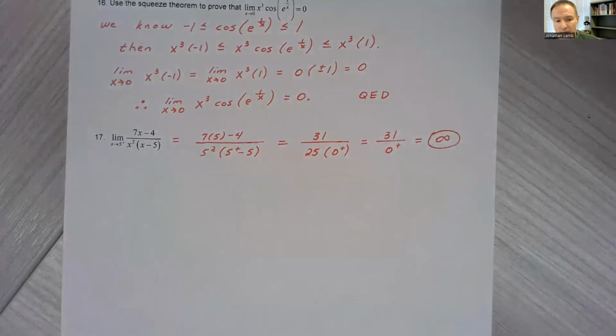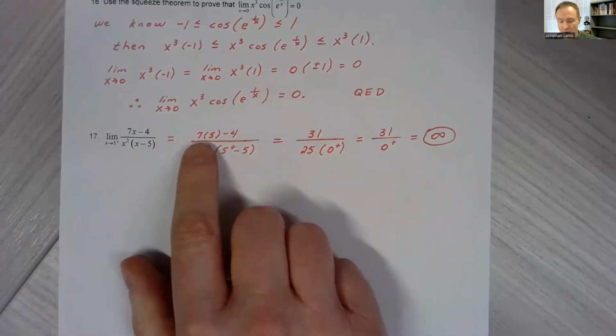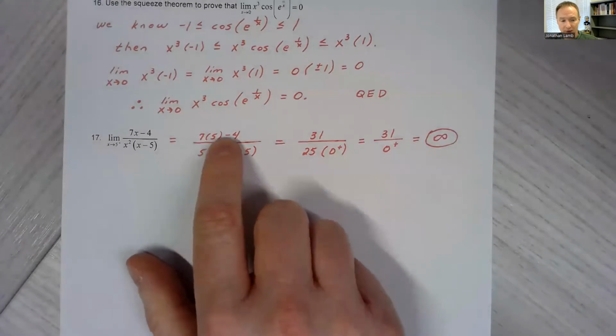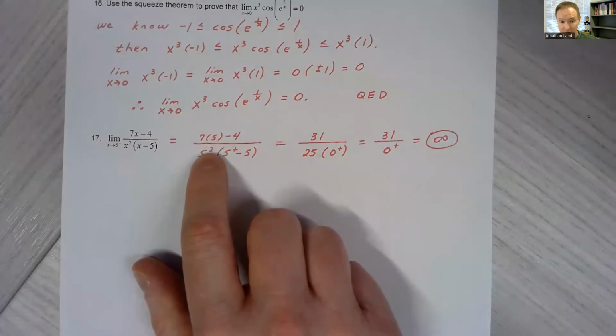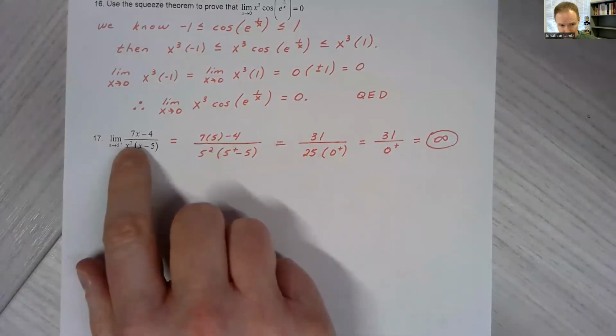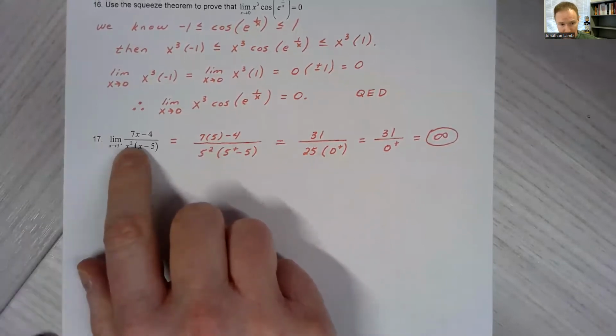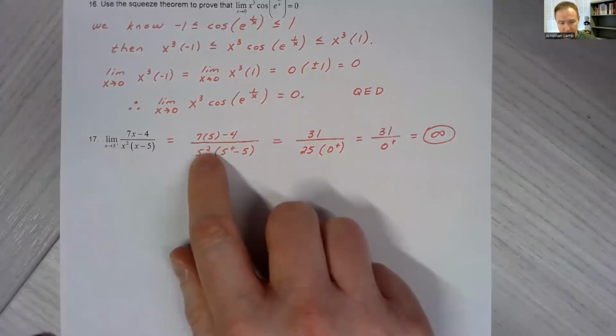So in this problem, anytime you're trying to evaluate a one-sided limit, what we're supposed to remember is that wherever we can plug it in, we should plug it in. So in the numerator, I just go ahead and plug the 5 in, 7 times 5 minus 4. In my denominator, the first factor, x squared, I can plug a 5 in there, 5 squared.